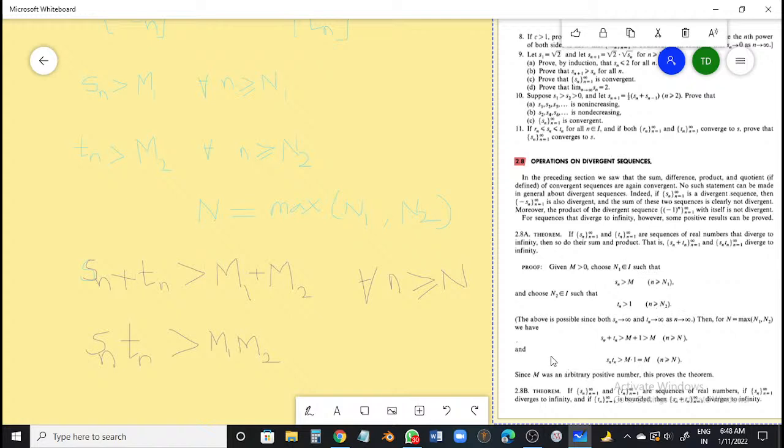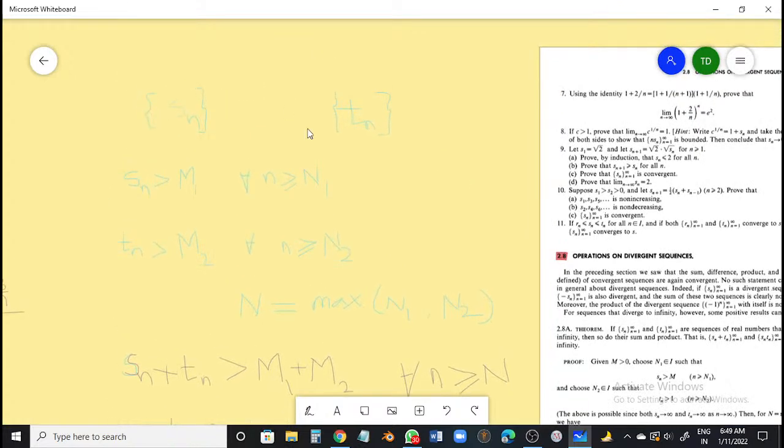But this may happen in our next theorem: Sn diverges to infinity whereas Tn is a bounded sequence. In the earlier case we were watching Sn and Tn both diverging to infinity.